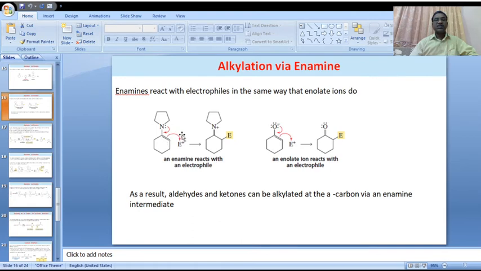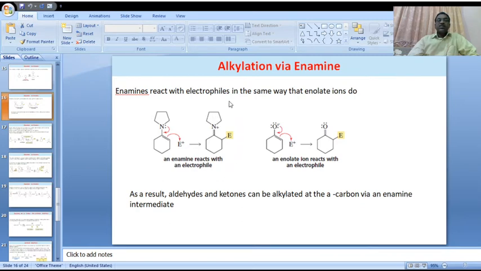Here there is breakage of this particular pi bond, and this terminal alpha carbon gets negative. That negatively charged carbon bonds with the electrophile. Here a carbon-electrophile bond forms, and a new sigma bond is generated.